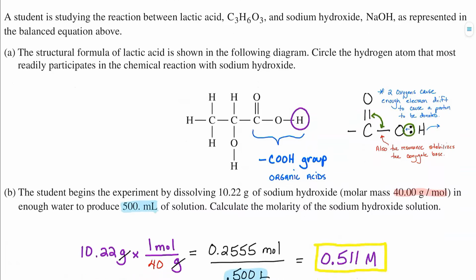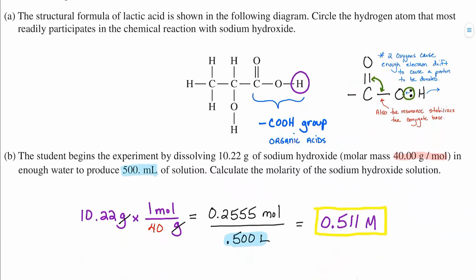So in B, the student begins the experiment. We're going to dissolve 10.22 grams of sodium hydroxide, and essentially we're making a molar solution. With 10.22 grams, converting to moles, and then molarity being moles over liters, we get the molarity to be 0.11. That should be straightforward.